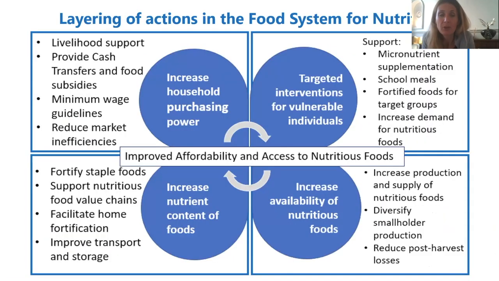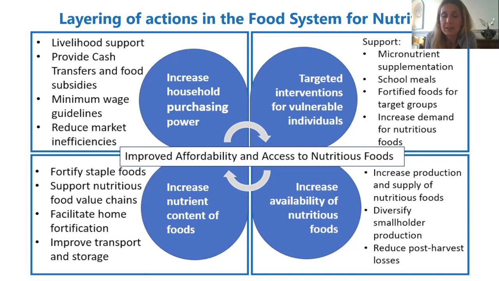My last point is that from our work in drylands, we're seeing that the gap to affordability and access to nutritious diets is so high that we need a layering of complementary actions that help households improve nutrient intake. These actions are around increasing availability of nutritious foods and increasing households' purchasing power.